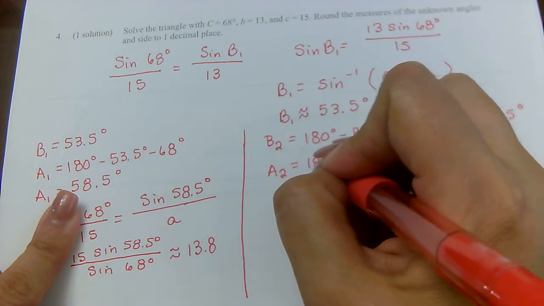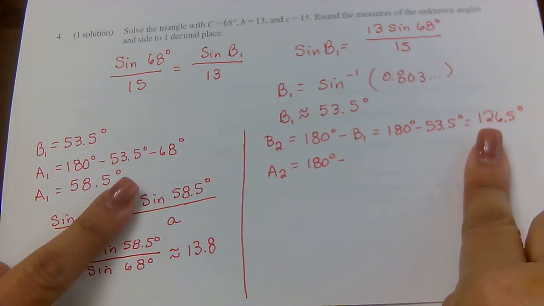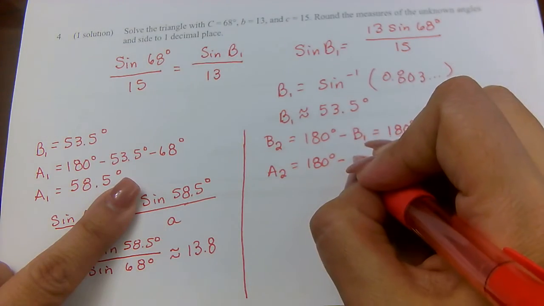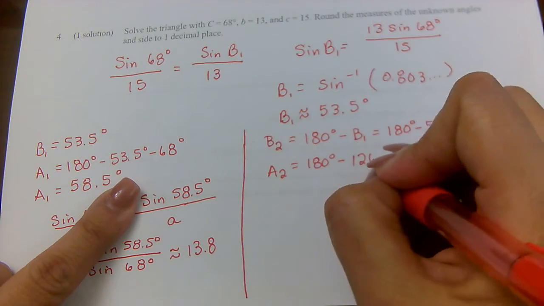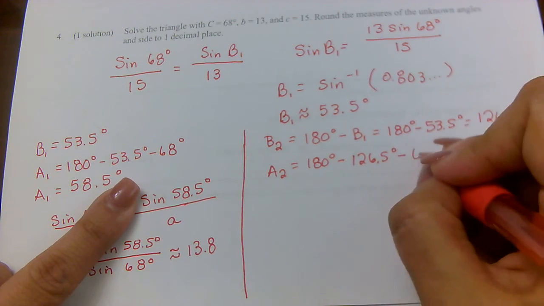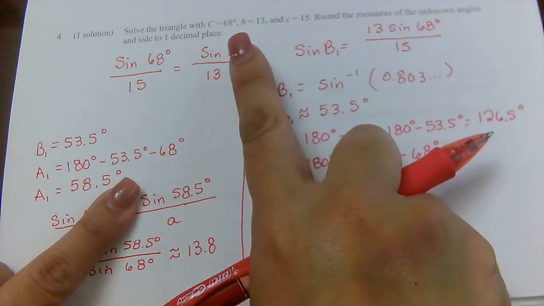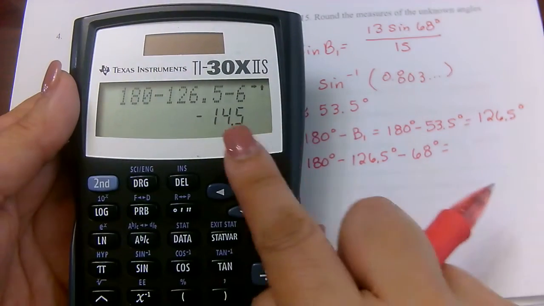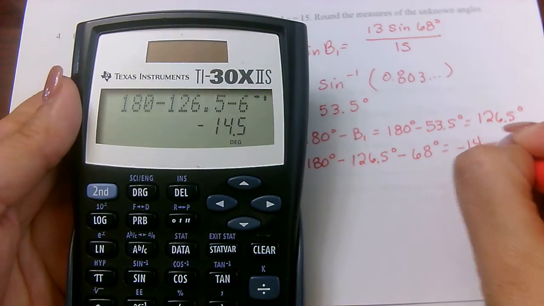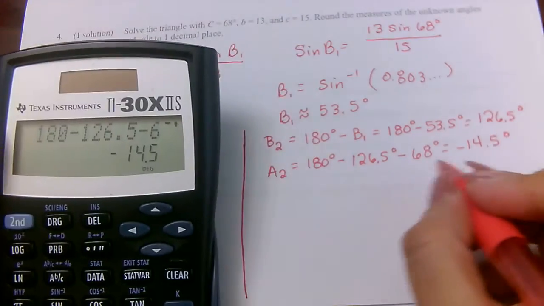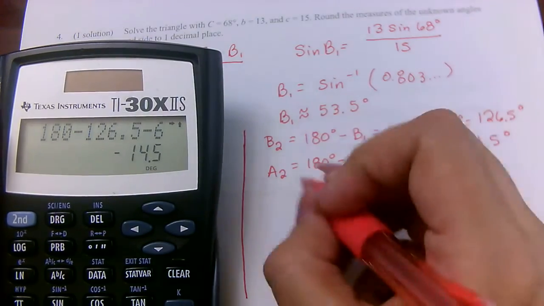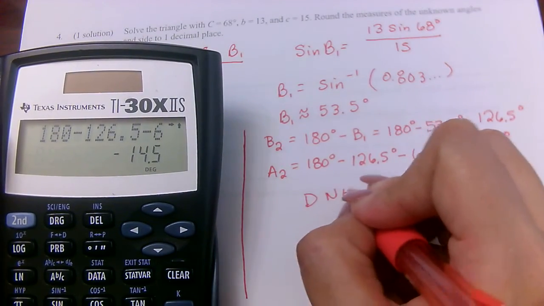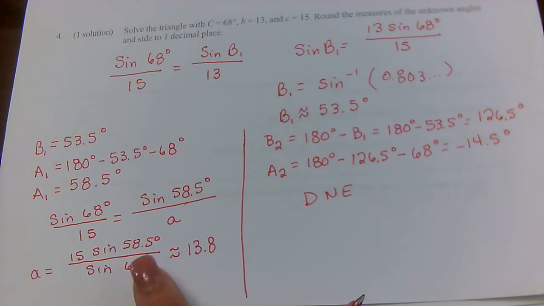A2 would be 180 degrees minus B2, which is 126.5, minus the 68 degrees, which is the part that's given up here. When I plug this into the calculator, you're going to see that what you get is a negative value. An angle can never be negative. So if you get a negative angle, this triangle does not exist. Okay, so we only have one solution.